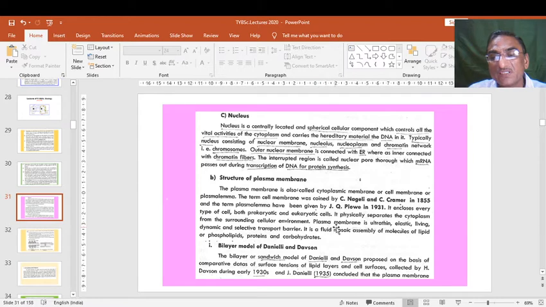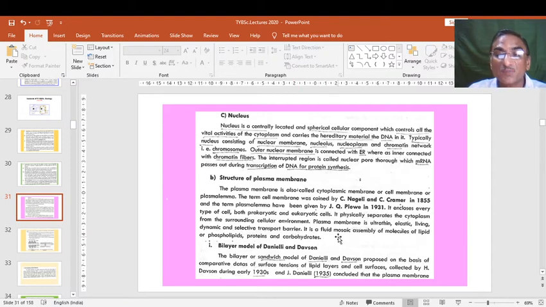Plasma membrane is ultra thin, meaning very thin, elastic, living, dynamic, and a selective transport barrier.